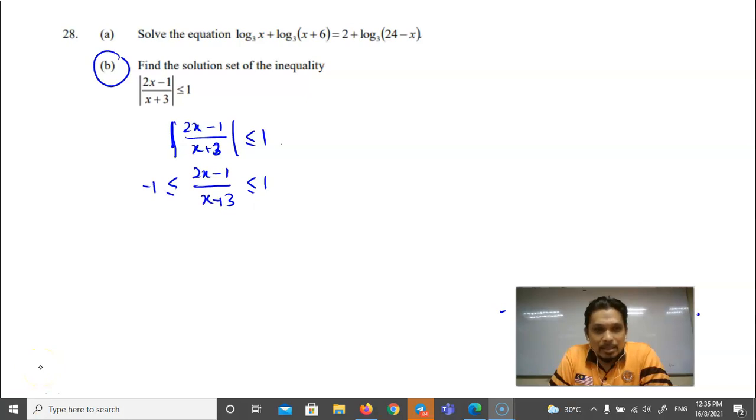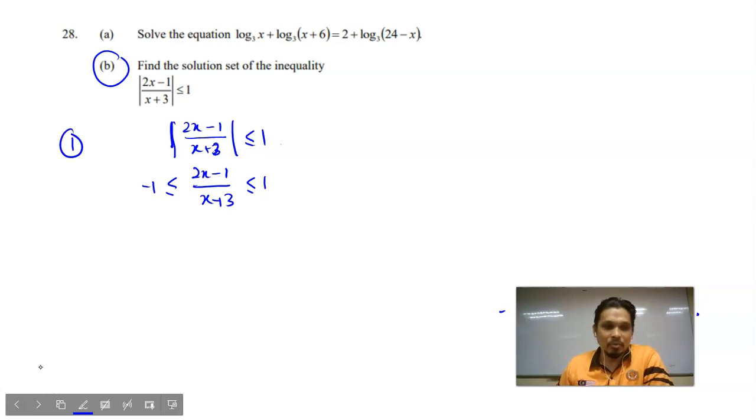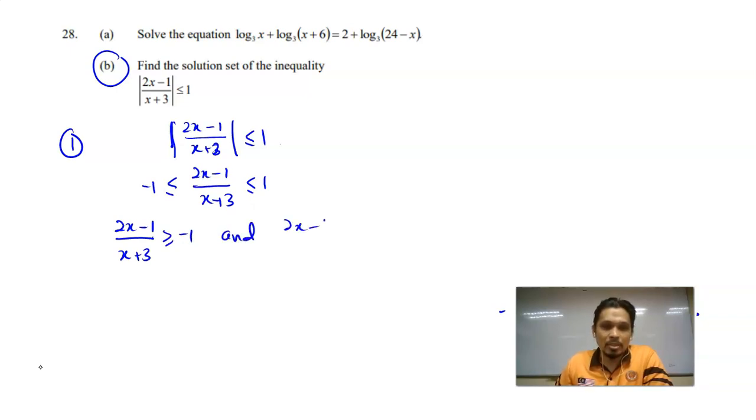Okay, class. I have double checked these questions. First, option number 1. We can transform the question into this form, and then we come out with (2x minus 1) divided by (x plus 3) greater than or equal to negative 1, and (2x minus 1) divided by (x plus 3) less than or equal to 1.